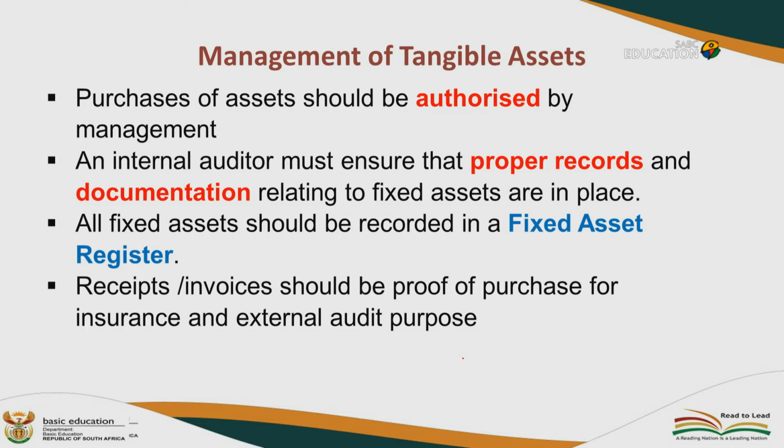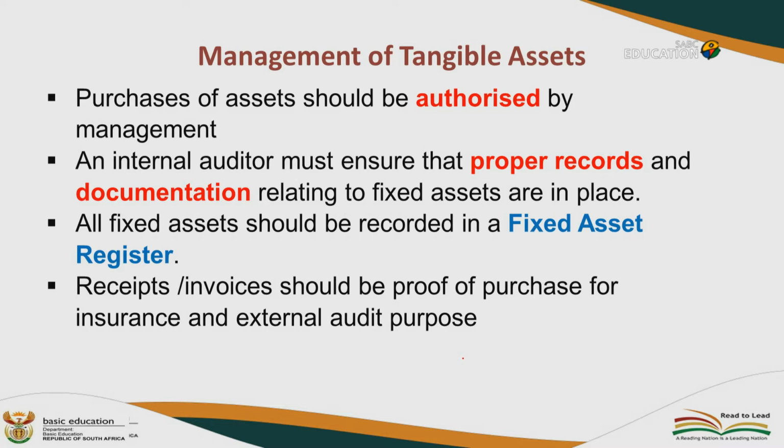And let's look at the next point. An internal auditor, remember we said he is responsible for putting up the systems in place. He must see to it that there are proper records and that there's relevant documentation that relates to the tangible assets. And all the assets in the business, we've mentioned that Ella should have a separate asset register.